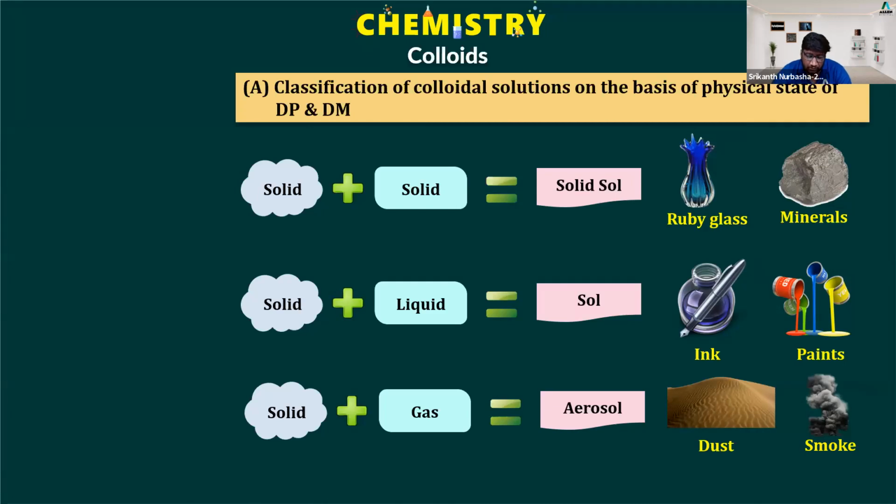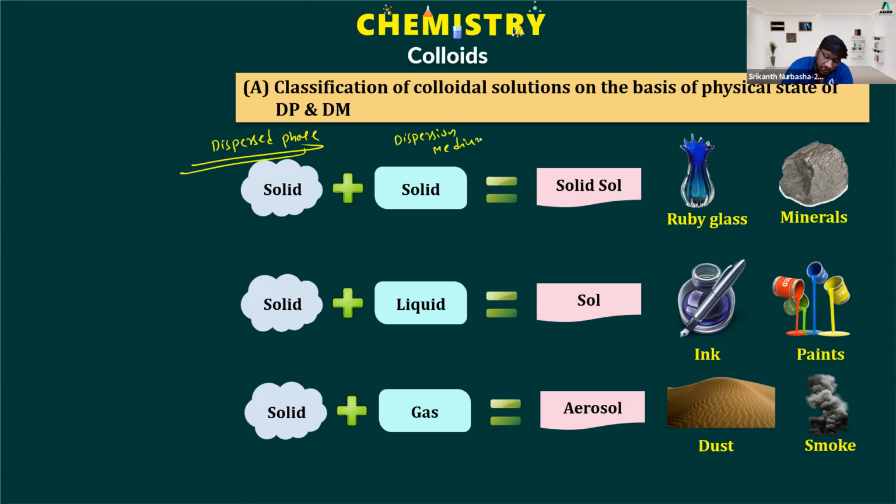Dispersed phase solid, dispersion medium also solid. Then what type of colloid are you getting? The dispersed phase can be solid, liquid or gas, and likewise the dispersion medium can be solid, liquid or gas.